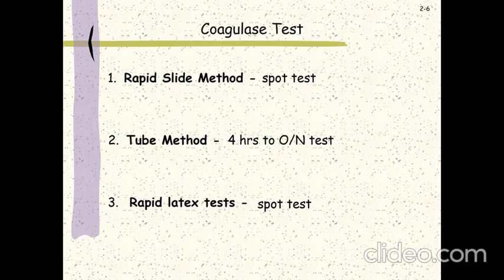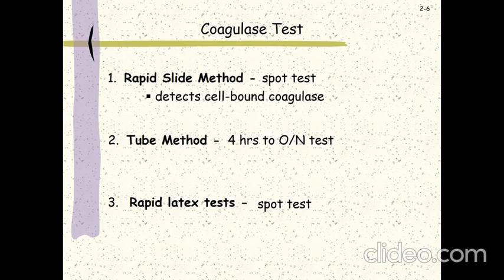Rapid slide method. This detects the cell-bound coagulase. Now there's 2 types of coagulase, or it can be found in 2 places really. One place is bound to the outside of the cell. So on the outside of the cell, we have this coagulase enzyme that exists just sitting there. So if this were to come into contact with the fibrinogen, it then would cause it to convert over to the fibrin clot.